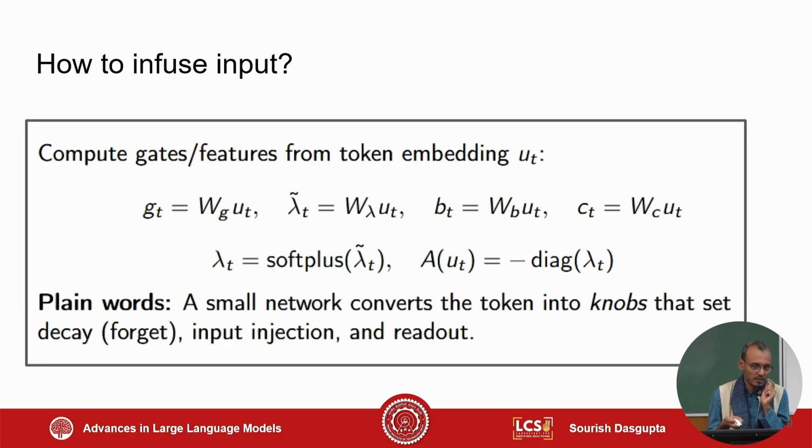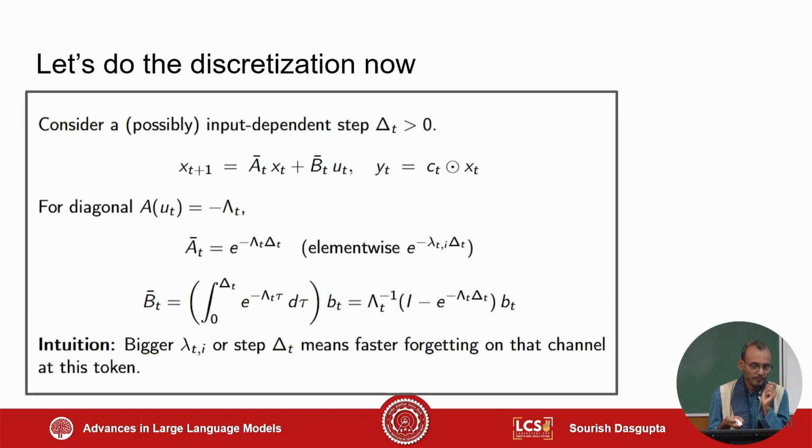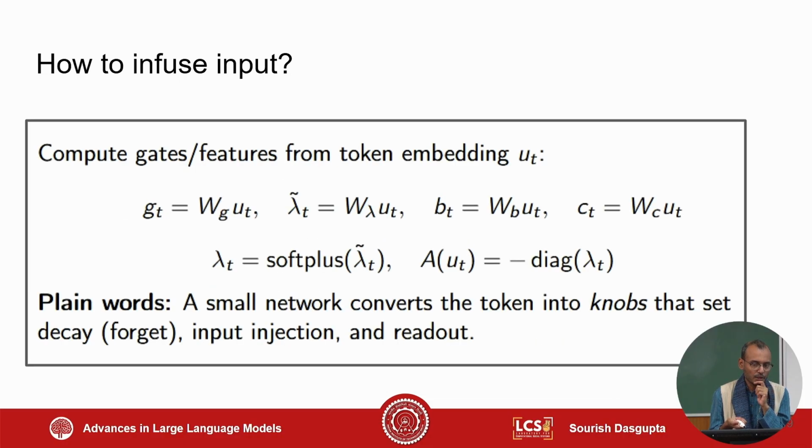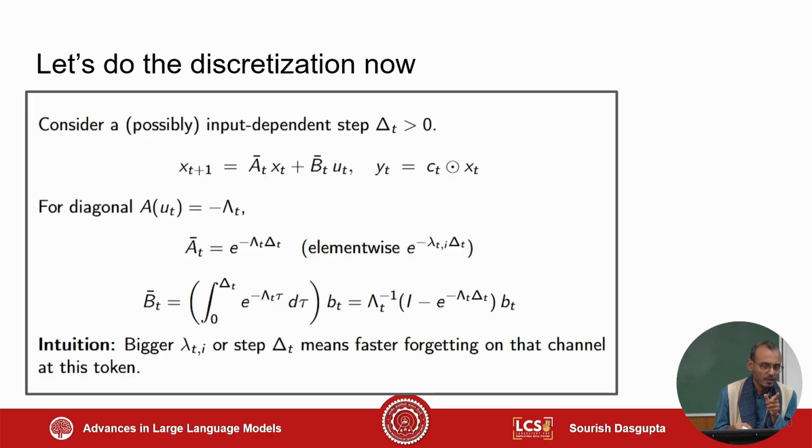So that's how you get the thing. And then what do you do? This gate that you have, the GT, you now use the gate to, hold on. Yeah, so then you have this update rule, x t plus 1 equals A bar t xt plus B bar t ut, and you have yt equals ct Hadamard xt.